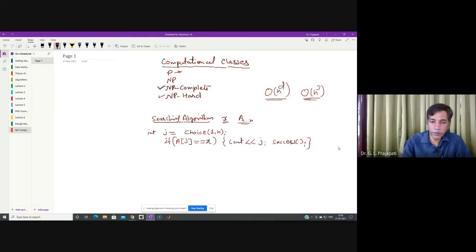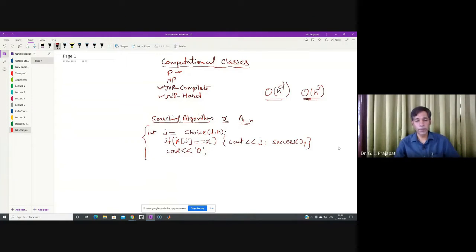Otherwise, if this is not true, then you are going to return some garbage value, say for example, you are going to return 0. Okay, so this is the algorithm.